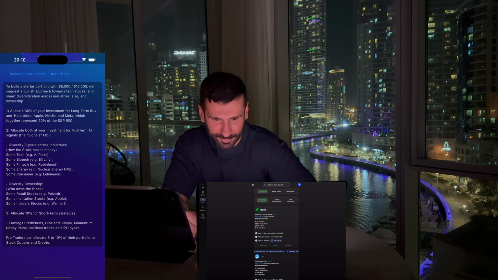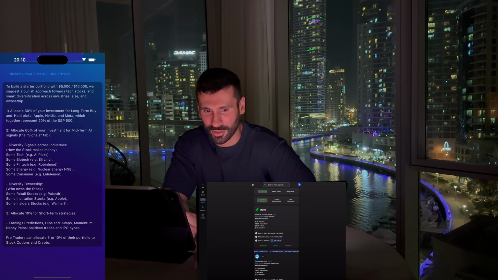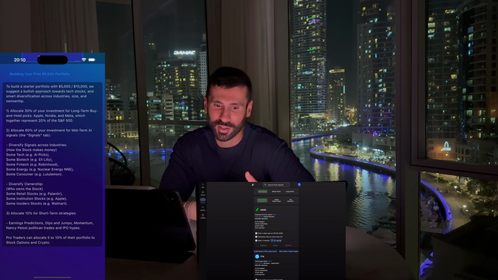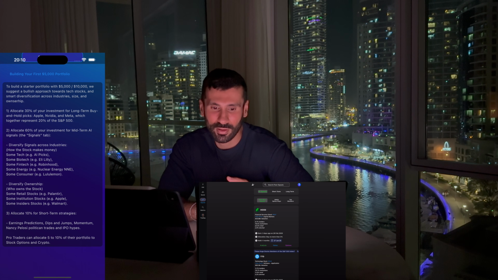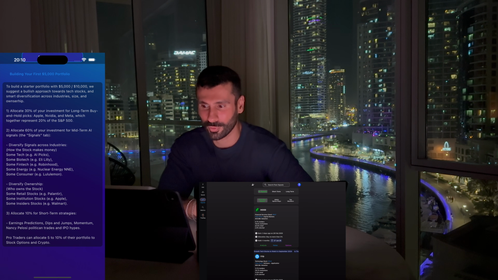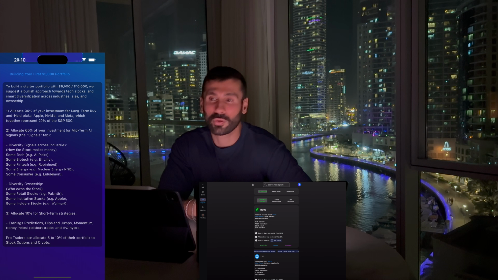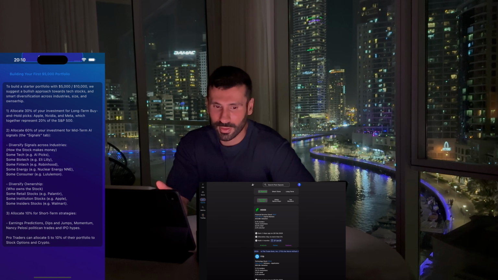And then 10% for short-term strategies. These ones I like to do with options because I like to have a bit of leverage on them, but you can do it with stocks as well. This is like earnings prediction. And don't come tell me you're a short-term trader and you're going to do only earnings. You're a short-term trader, but diversify, don't do only earnings.